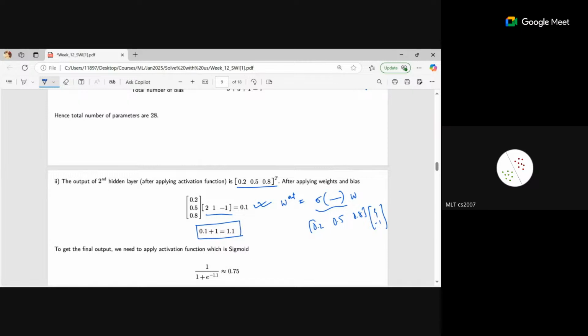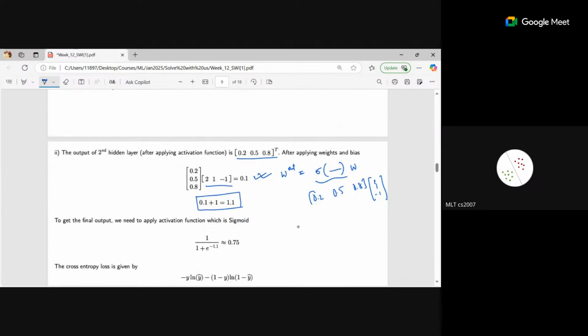So you had three neurons over here in the second layer, and from there we got the final output, and this W out that we got is 1.1. To get the final output, what do we do? Since it's a classification task we're dealing with, we apply the activation.